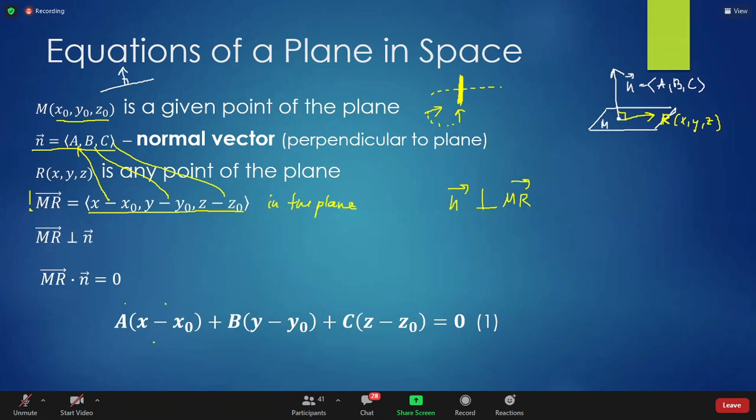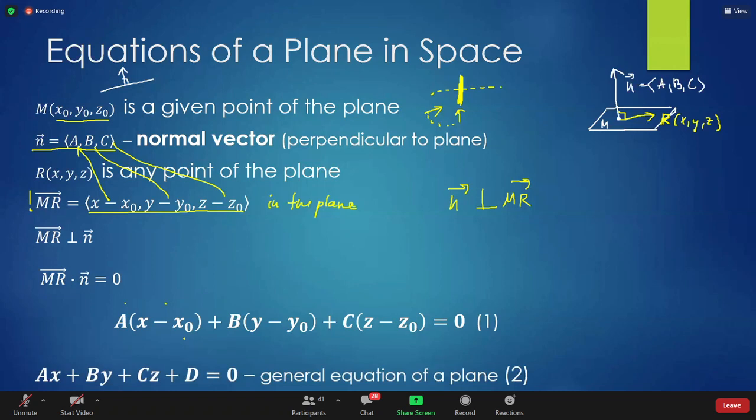First of all, we see ABC clearly. We see the coordinates of the normal vector. In other words, from this equation, we can determine the direction of that plane. And then x0, y0, z0 here are also numbers. So we know immediately at least one point of that plane. And so this is the first kind of equations of a plane in space.